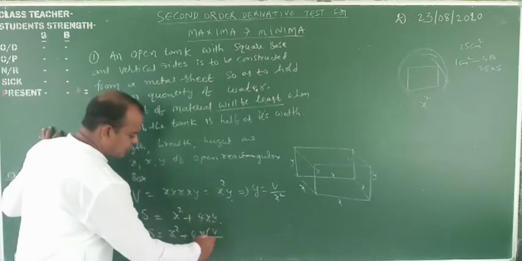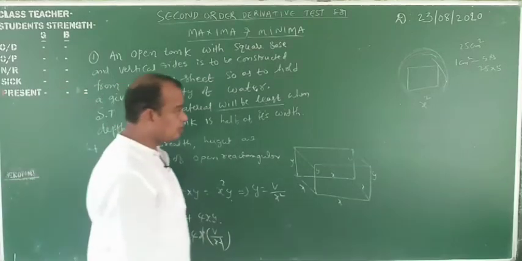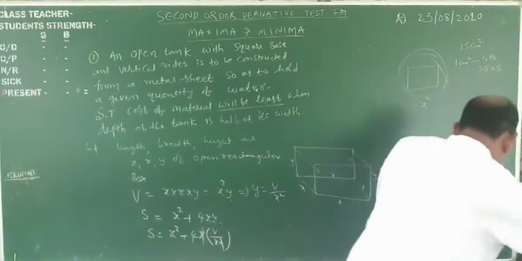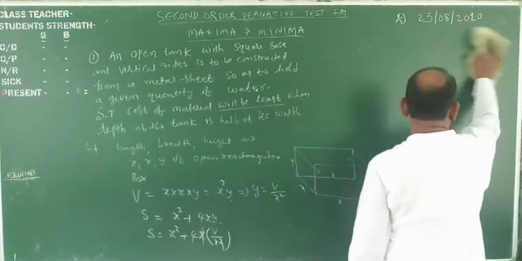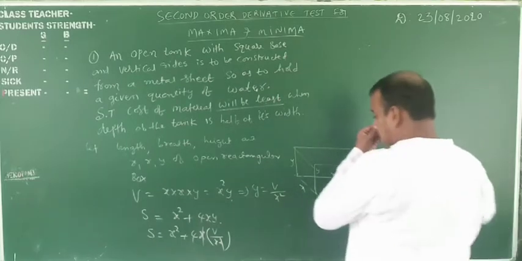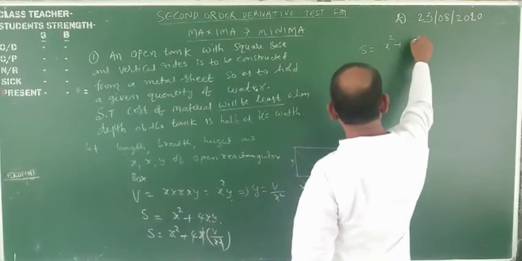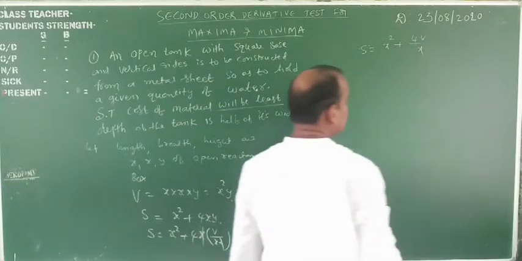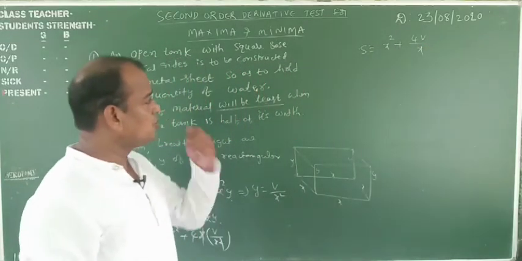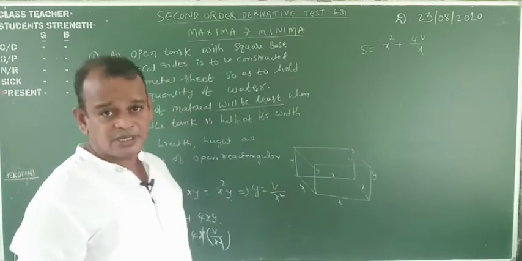Y means v by x square, x cancels. Now S is equal to x square plus 4v by x. Now the function is totally in x, and v is constant.